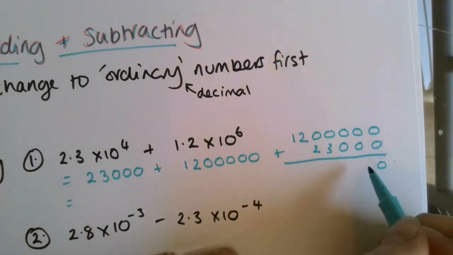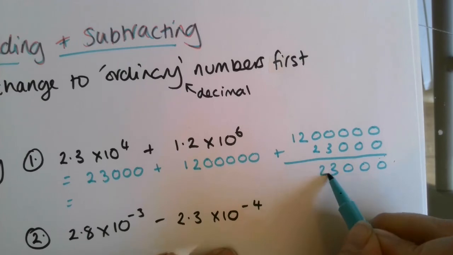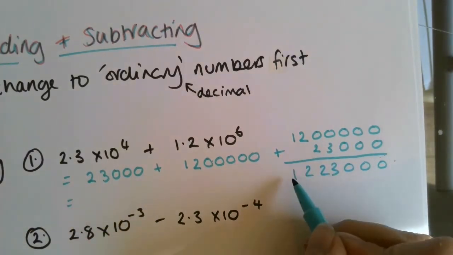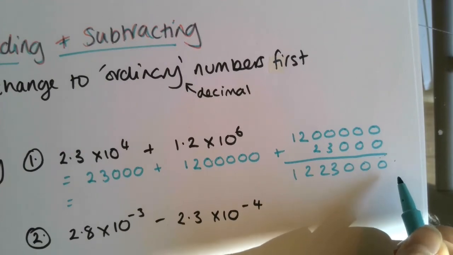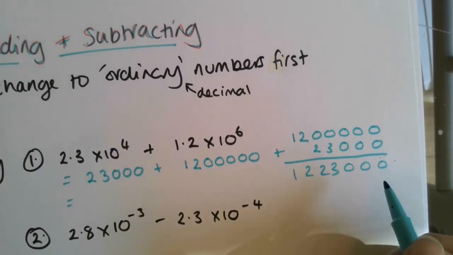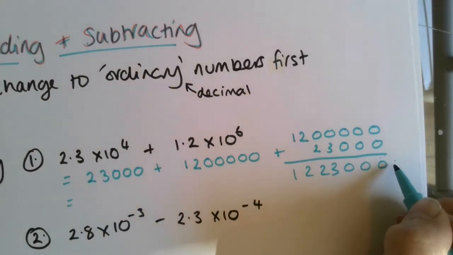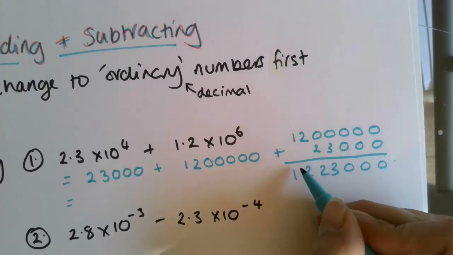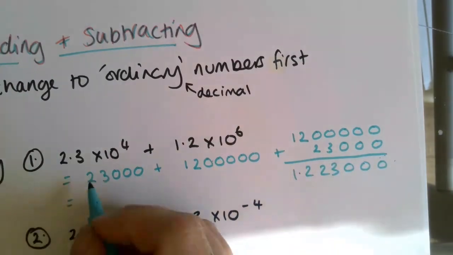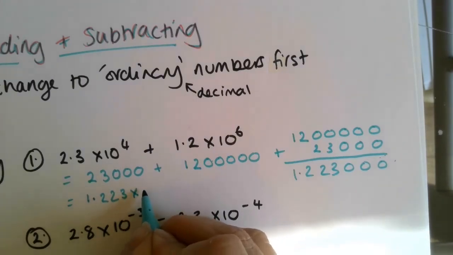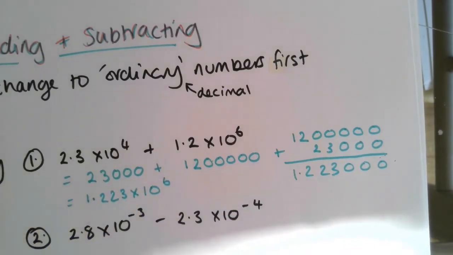Okay, hopefully I've done that right. So that's what I get. Now, this I need to change back into a standard form number. So my decimal point is here, so I have to go 1, 2, 3, 4, 5, 6 to get it to there. So it's going to be 1.223 times 10 to the 6.